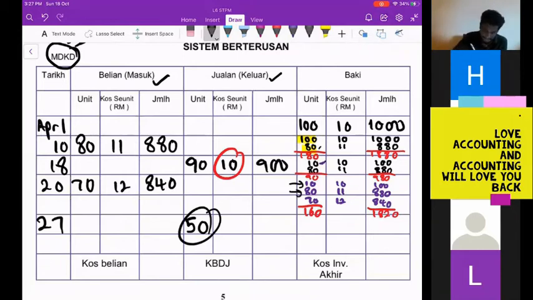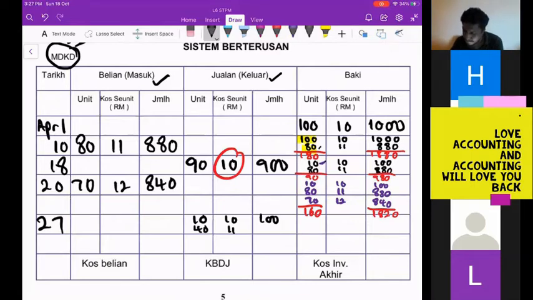Understand? Okay. So I need to show the calculation one by one. The 10, 100, I take everything. After that, I take the balance 40. The 40 is 11 ringgit, so I get 440. So total up, 540, and then I sell the 50 units.